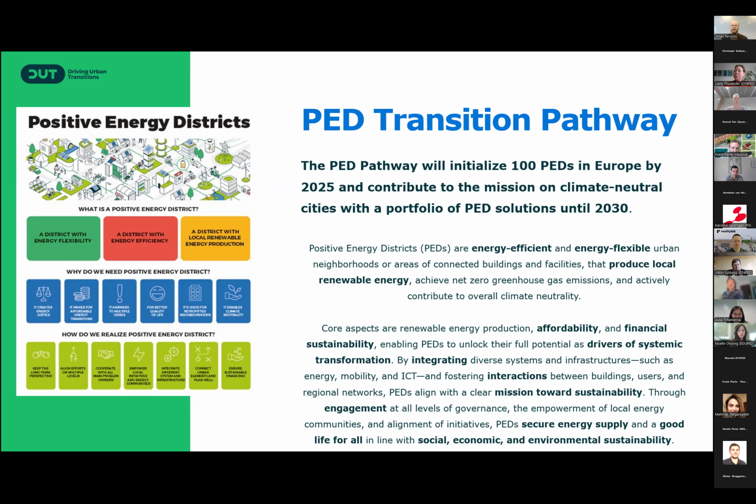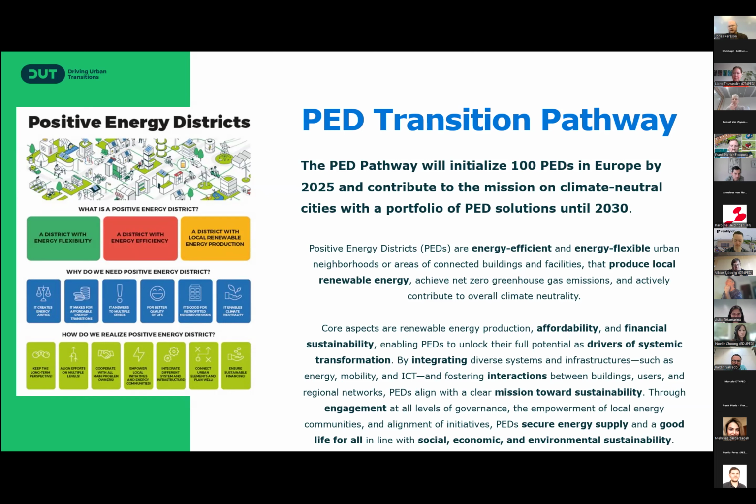It is also a holistic concept integrating social, economical, and ecological sustainability aspects, and thus achieving multiple benefits and unlocking systemic change. And for PED, engagements at all levels of governance and empowerment of local energy communities are key in wanting to realize a PED.